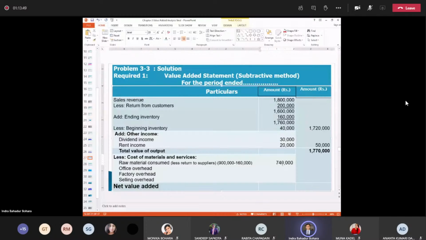Then factory overhead is 1,20,000. And selling overhead is 1 lakh.